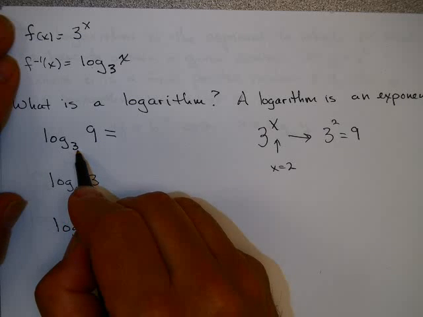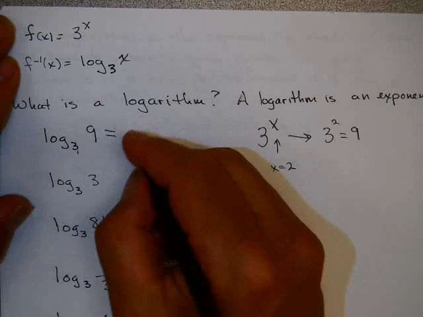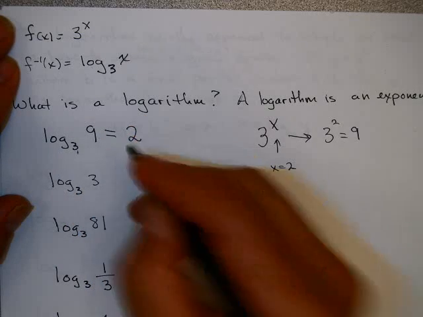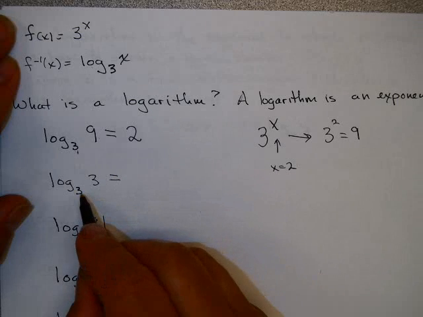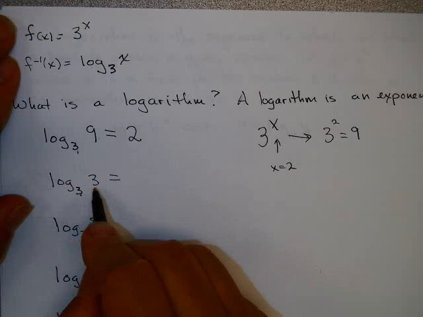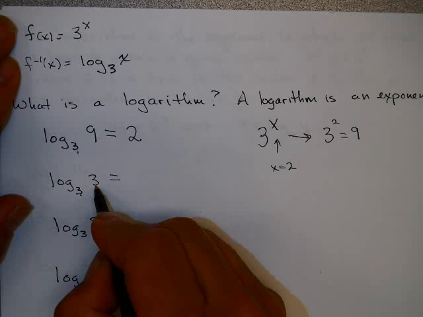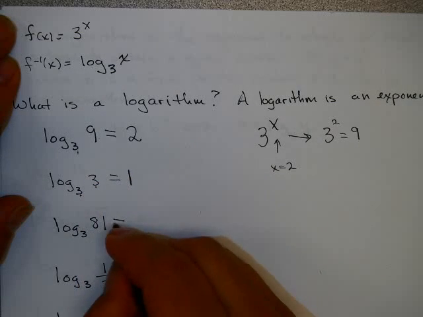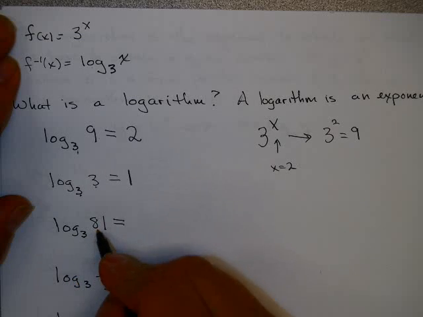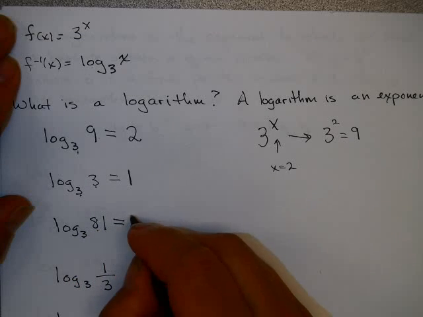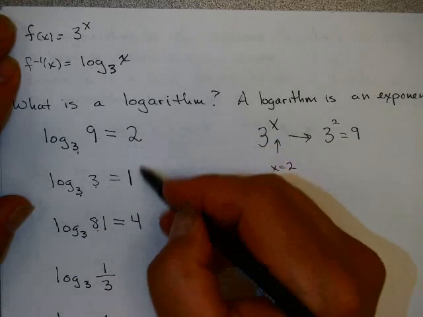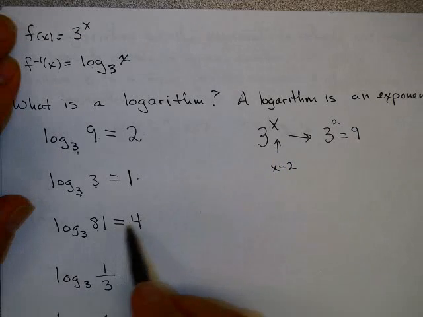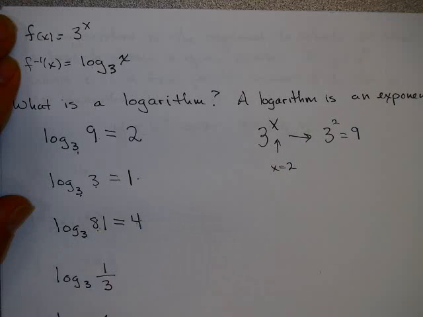The answer is 2. Another way to say that is, what is the power I raise 3 to get the value of 3? The answer is 1. Here, 3 raised to what power is 81? That's 4.